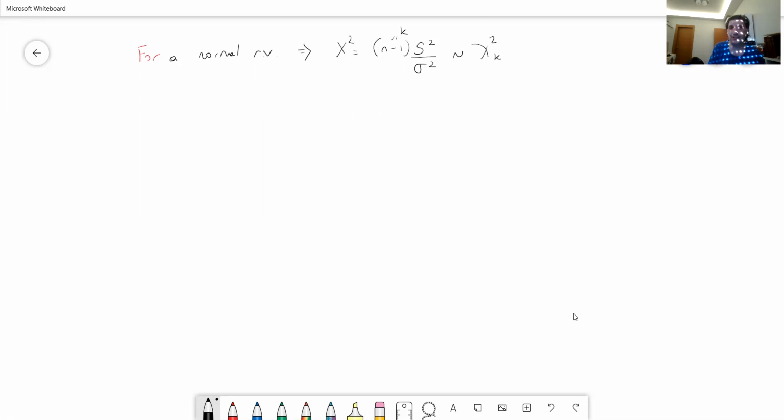Note that this is the expected value of x square, the quantity that we are interested in, and this is going to be expected value of x. You may ask, what does that have to do with S square, or the sample standard deviation?